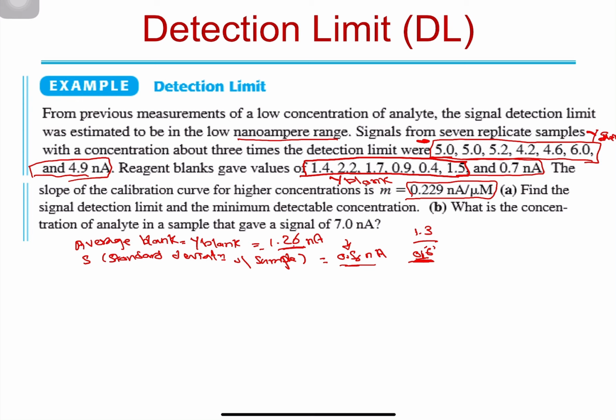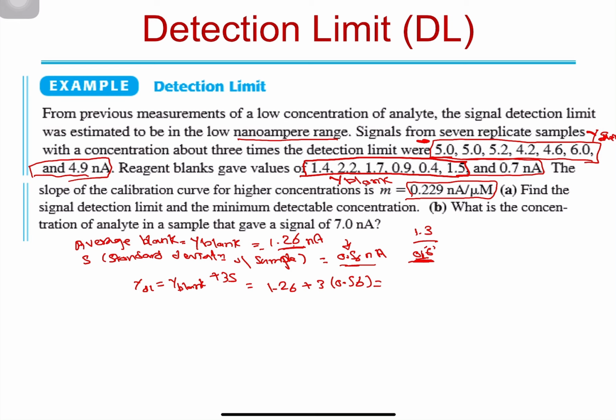Now we can calculate the signal detection limit. Y DL will equal Y blank plus 3S. So it will equal 1.26 plus 3 times 0.56.